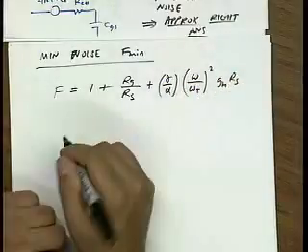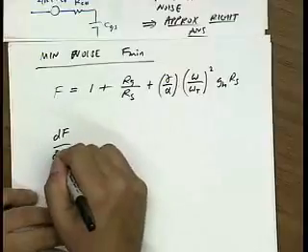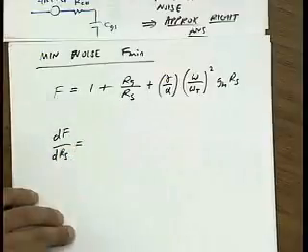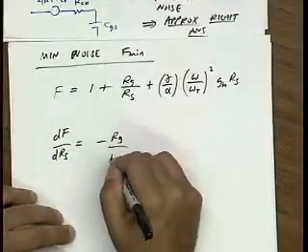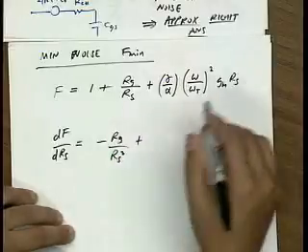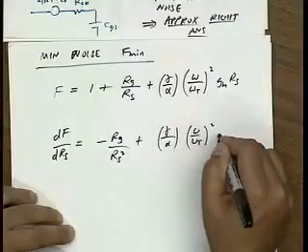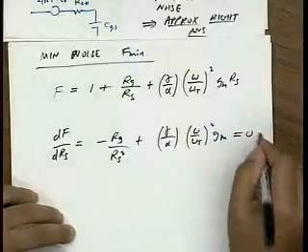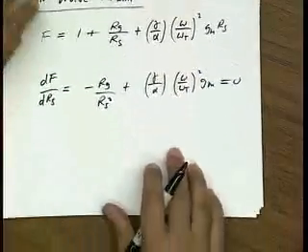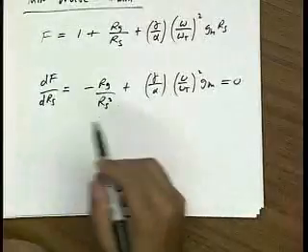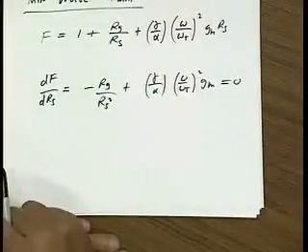So there's the noise figure. If I take the derivative with respect to Rs, I get minus Rg over Rs squared plus, this is all a constant, gamma over alpha, omega over omega t squared, Gm. And I set that equal to 0. And now I can solve for Rs. That gives me the minimum achievable noise figure.